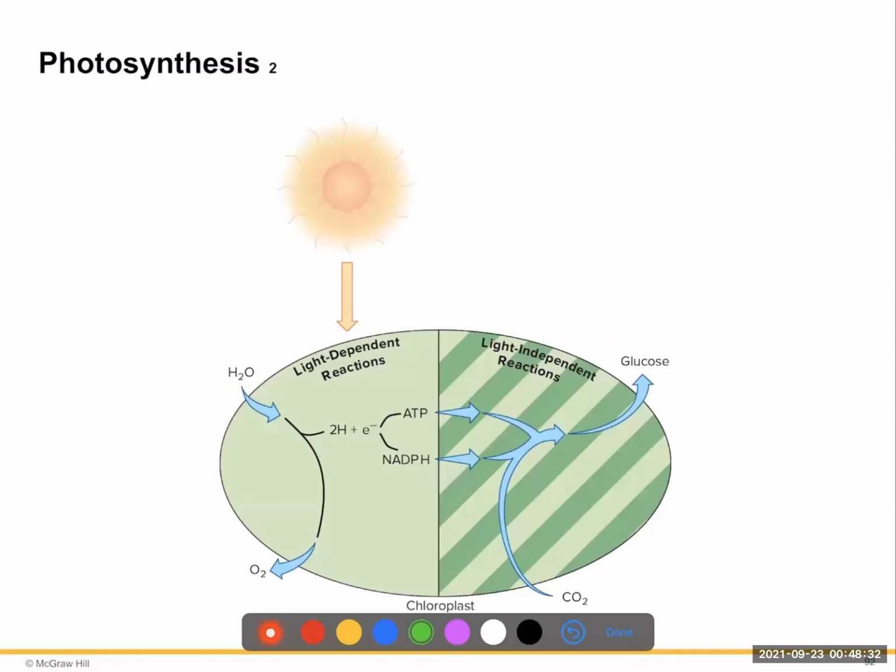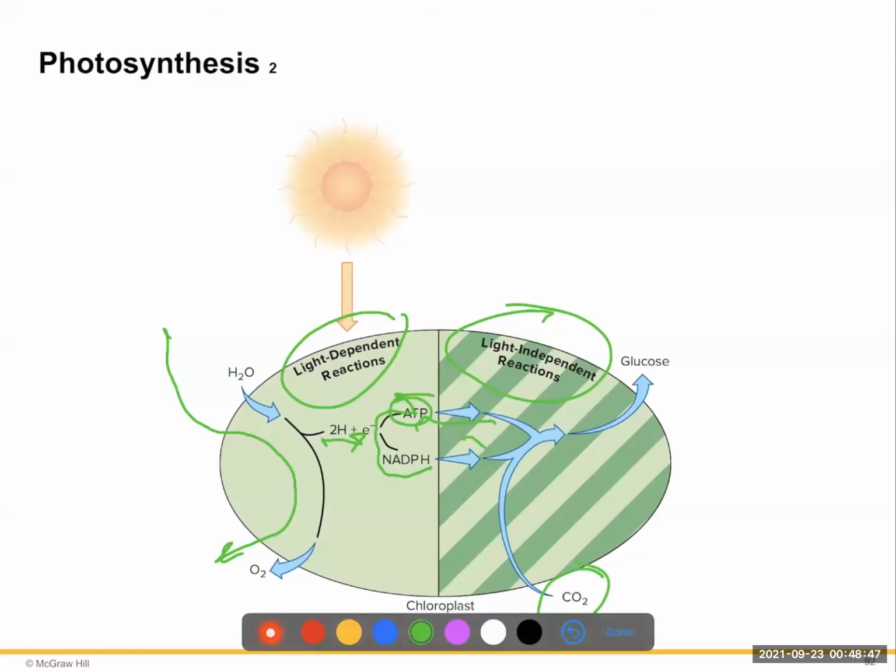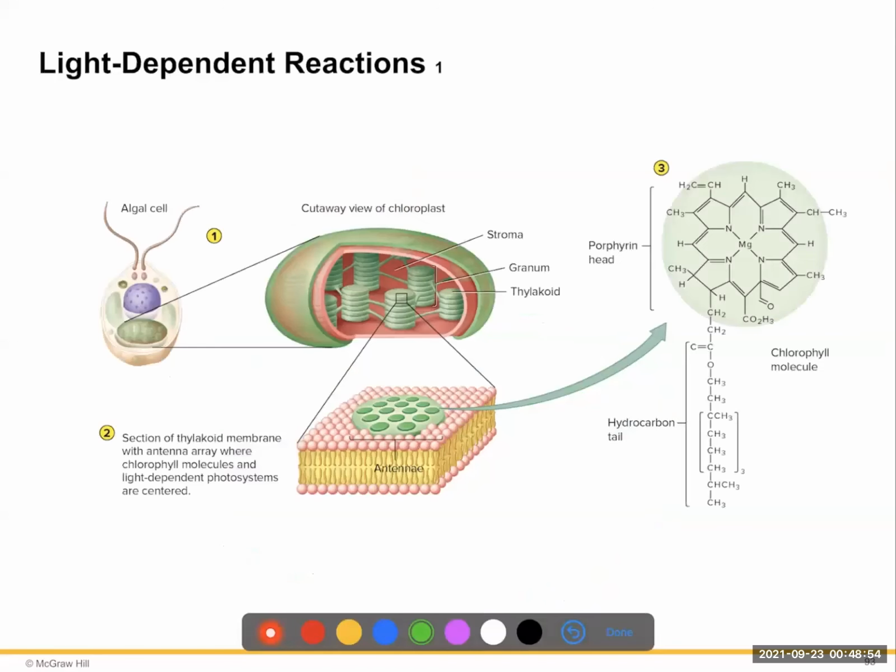So you have a light-dependent reaction and a dark reaction, light-independent. So water comes in, we use those hydrogens for electrons to transfer NADPH into ATP. We use that ATP to take the carbon dioxide coming in as a carbon source and put it together to form glucose. That's photosynthesis in a nutshell.